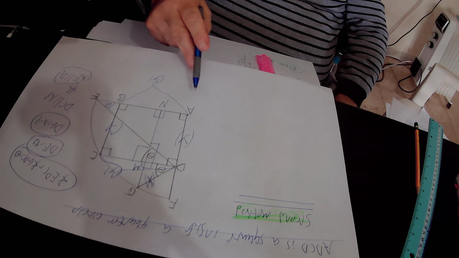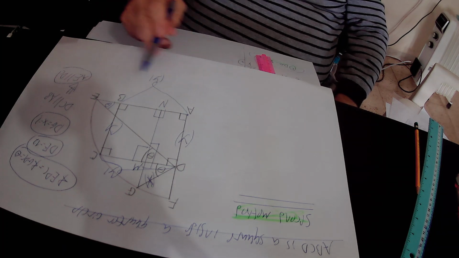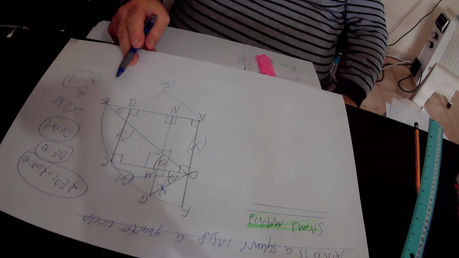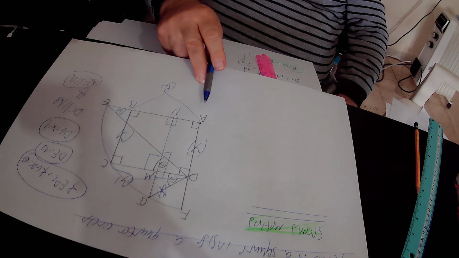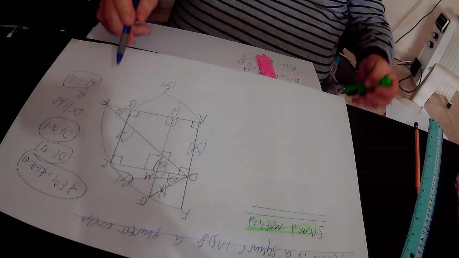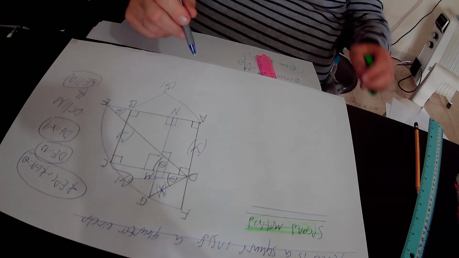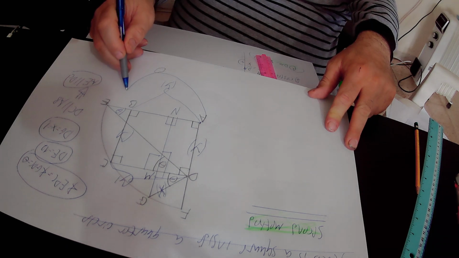We already found out that AE is the radius of the quarter circle. Why? Because it starts from point A, that is the center of the quarter circle, and ends at point E, that is a point of the quarter circle itself. Therefore, AE is the radius of this quarter circle.